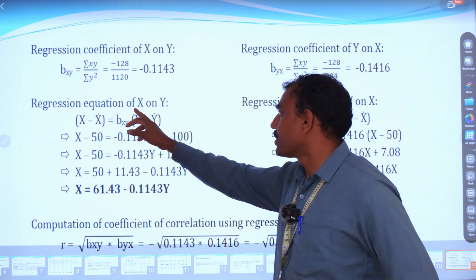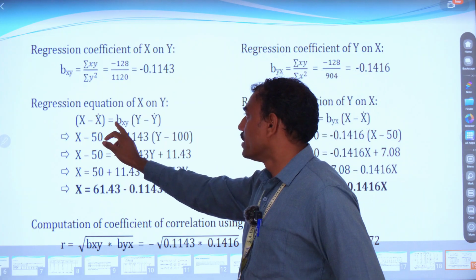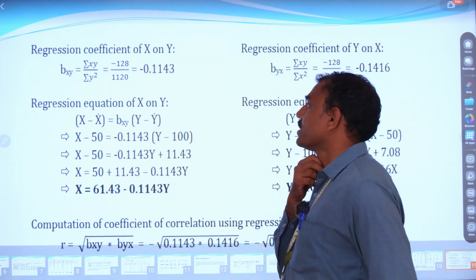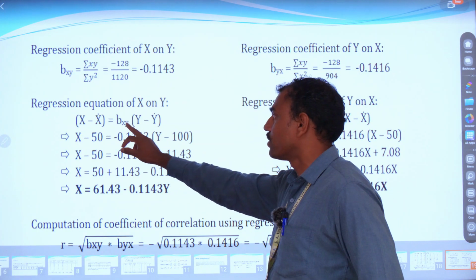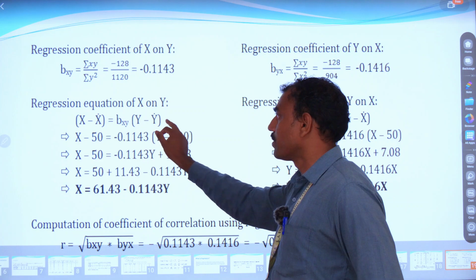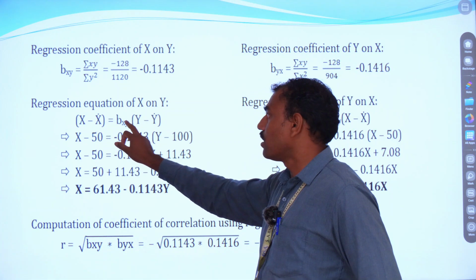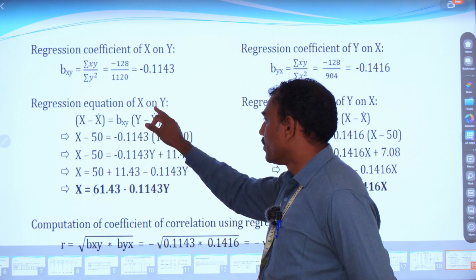The regression equation of x on y is x minus x bar equals bxy into y minus y bar. We use the mean value of x, the regression coefficient of x on y, and the mean value of y.